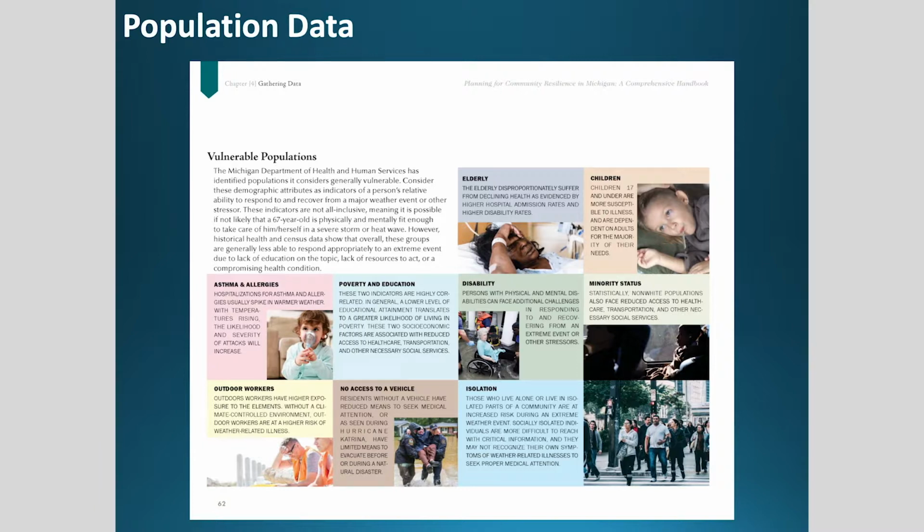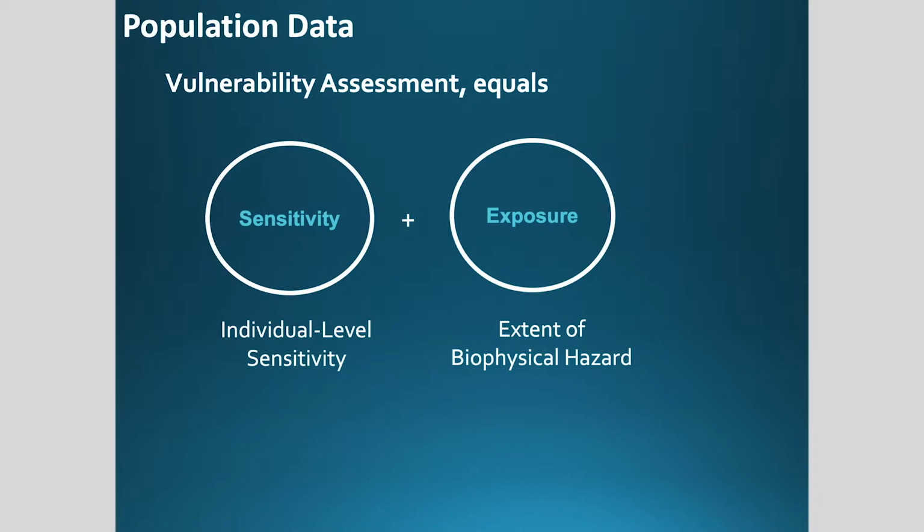One of the first things that we did was we started to work with other folks at U of M and people around the state at the Michigan Department of Health to talk about what are the vulnerable populations within the community, who is most impacted by climate change, and especially when we talk about excessive heat. And we've really come up with 5 different populations within the community.